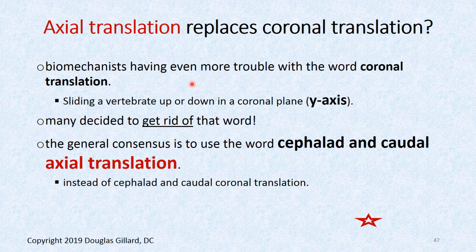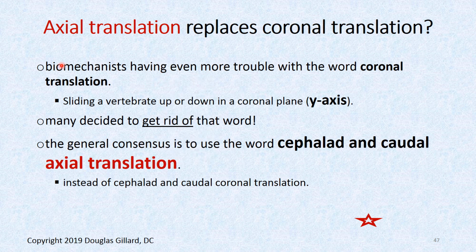So biomechanics were even having more trouble with the word coronal translation. That's the sliding. I don't know why they're having trouble. I see that pretty clearly. It's harder for me to see this because if you look at an axial overhead view, how can you see movement coming up the y-axis? So it's confusing to me. But nevertheless, here's what we have.